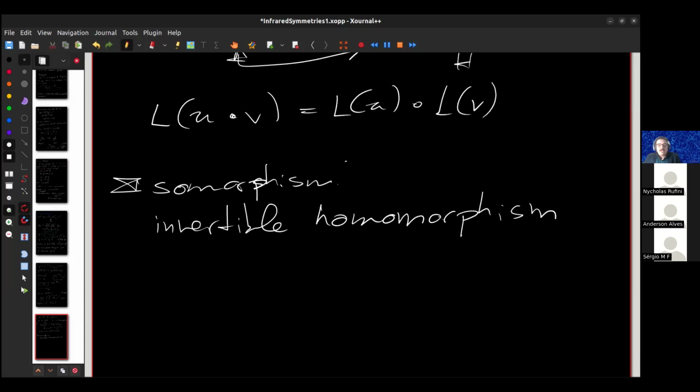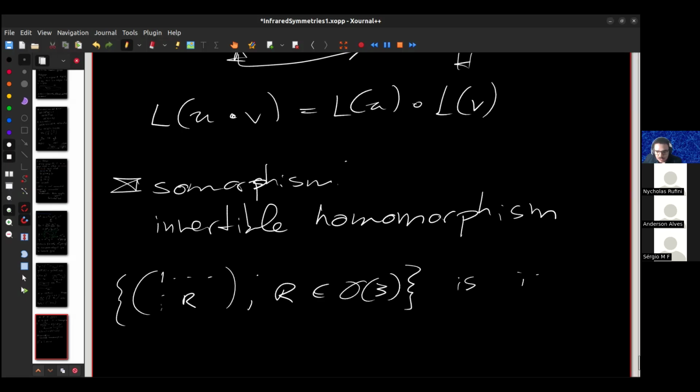So in terms of isomorphism, we can now discuss the idea I had, which is the following. If we take this collection of matrices here, which is R, where R lives in O3, this is isomorphic to O3, which means that as far as algebra goes, they are essentially the same thing.